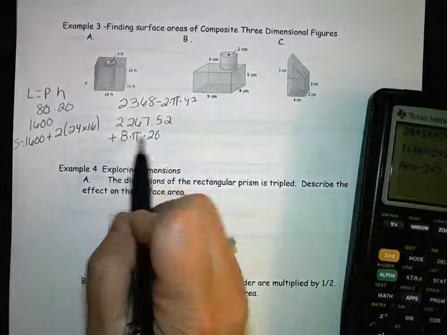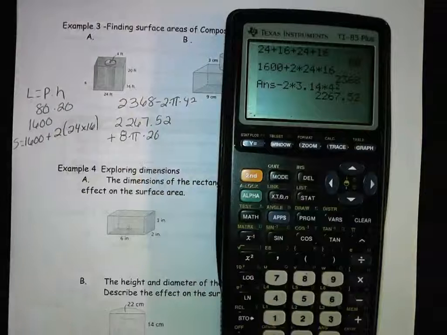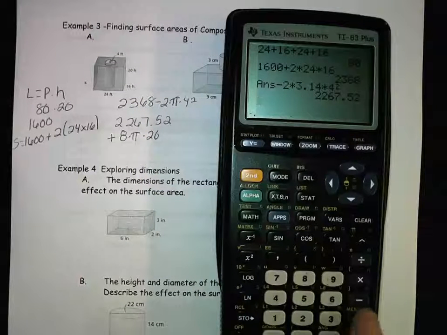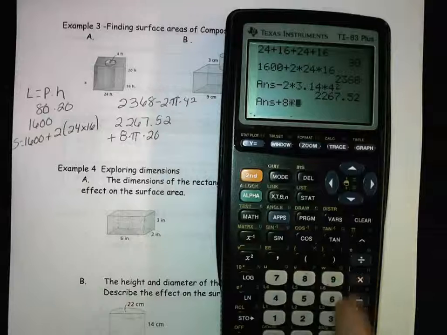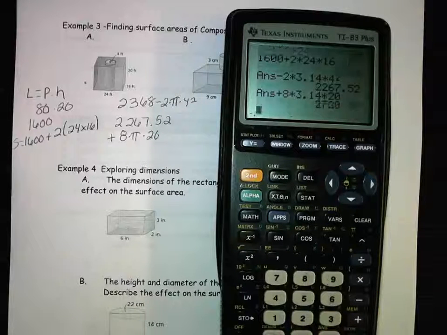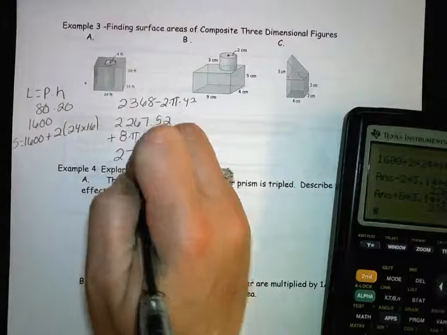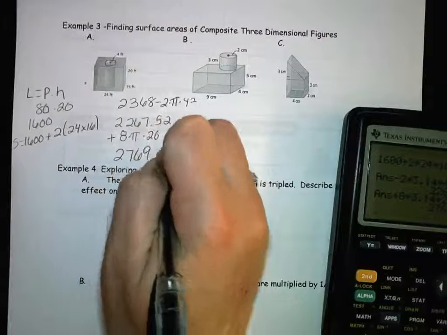Circumference times height gives us lateral area. So we take that 2267.52, and then we are going to add 8 times pi times 20, and we end up with 2,769.92.